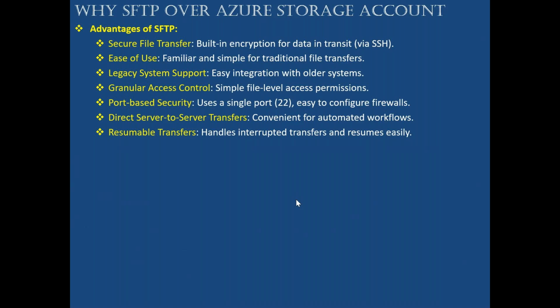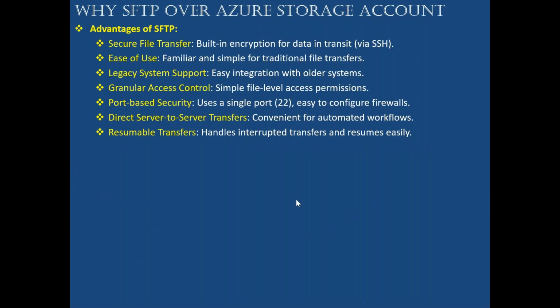support SFTP. Granular access control: you can control the access at folder level and file level, like with ADLS Gen2, whatever you have. Similarly, you can give granular level access. Port based security: you need to use a single port, port 22, to configure SFTP when you are connecting.